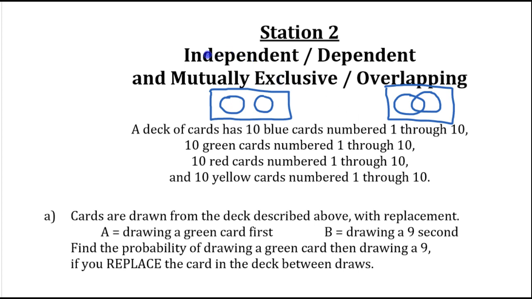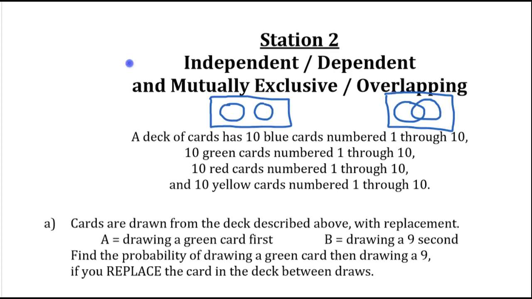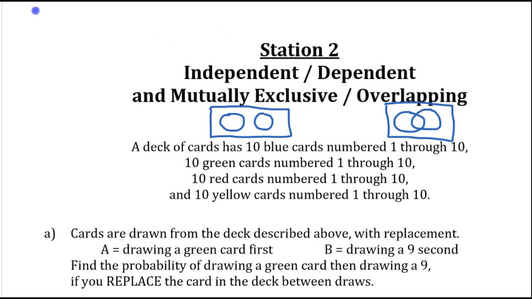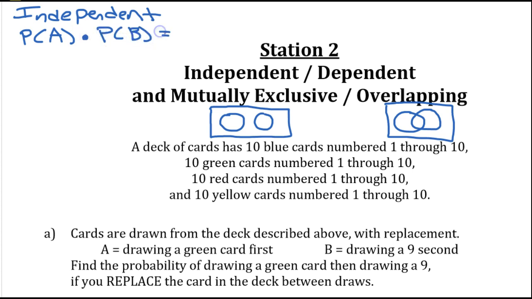Now, when we talk about independent versus dependent, that's a matter of testing with a formula. So here's the formula for independent. If the probability of event A times the probability of event B is equal to the probability of A and B, if that's true, then it's independent.